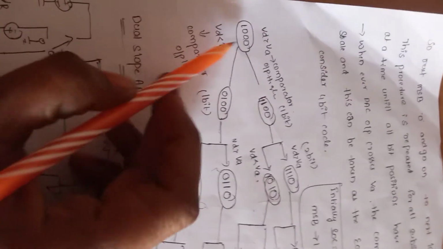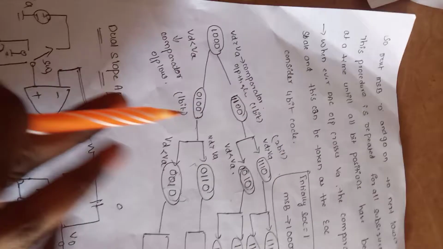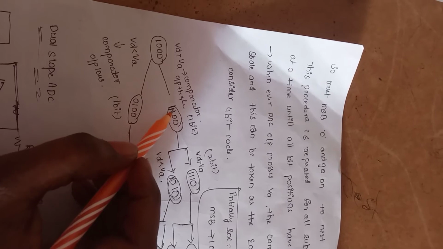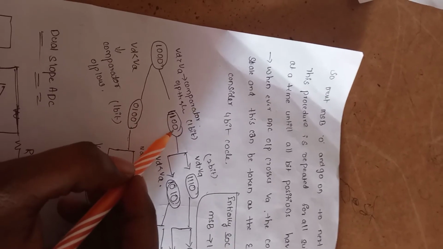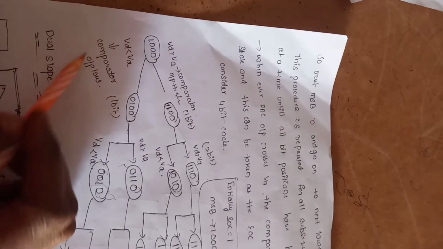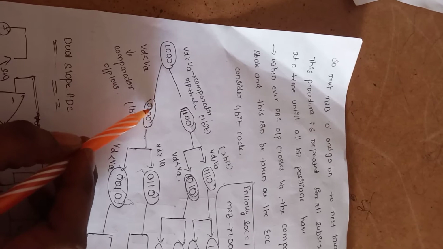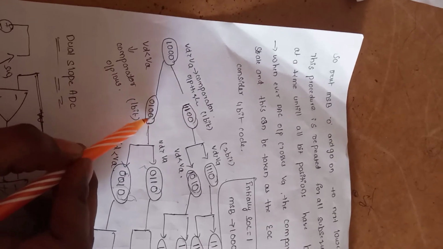Next, the comparator output is given to the SAR. In that case the initial bit is 1 and the next bit is also 1, remaining all set to 0. If VD is less than VA, the initial bit is reset to 0, the next will be 1 and the remaining zeros.